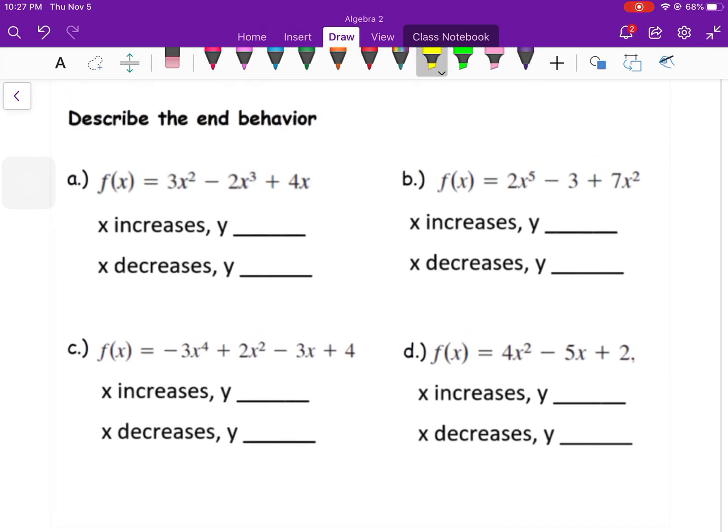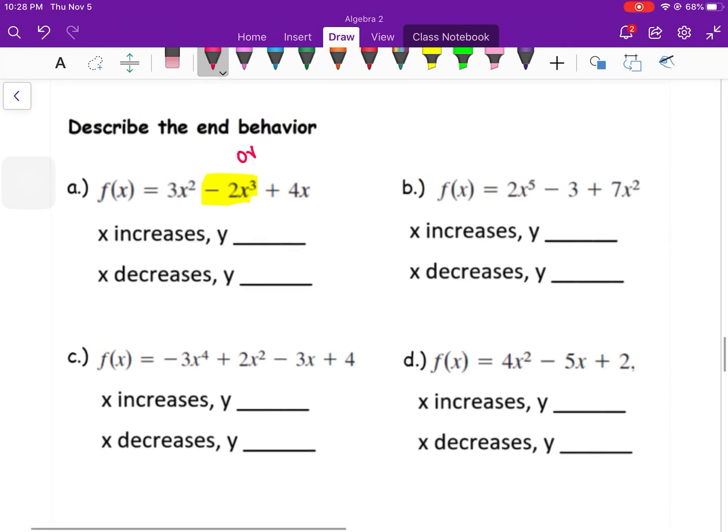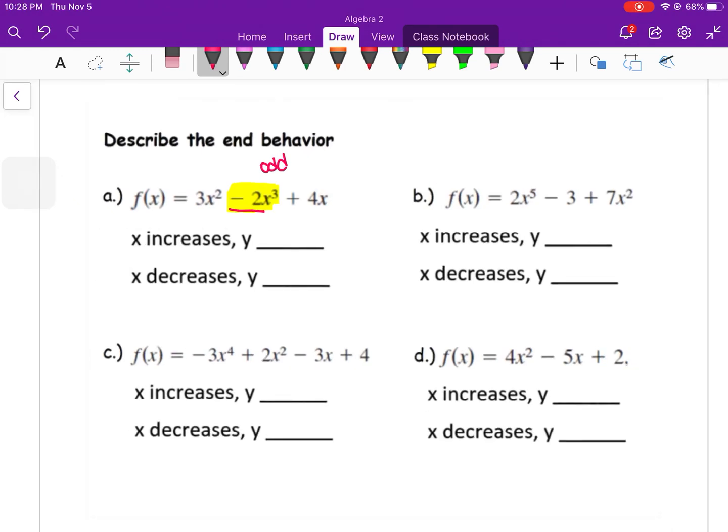So just looking at the function, if I was to identify the highest exponent, that defines what type of function I have. So it is an odd function because it's cubic, and the leading coefficient is negative. So I have an odd function with a negative coefficient.